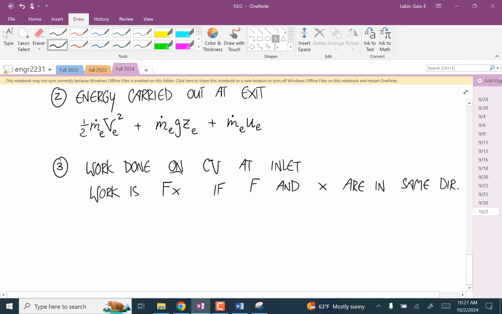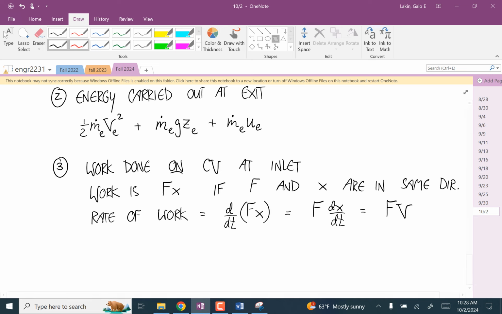So the rate of work is just the time derivative of this. And you can write that, if we assume that this force isn't fluctuating in time, as F dx dt, which is equal to F times the speed.